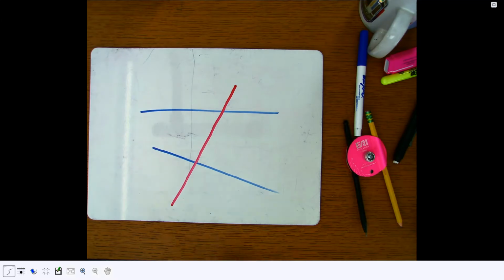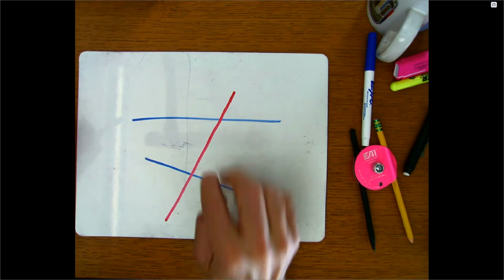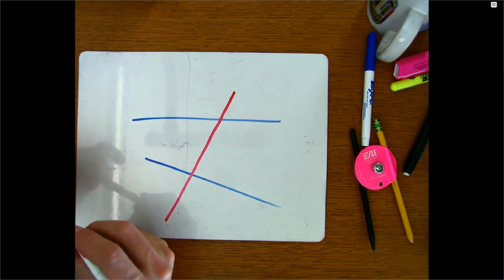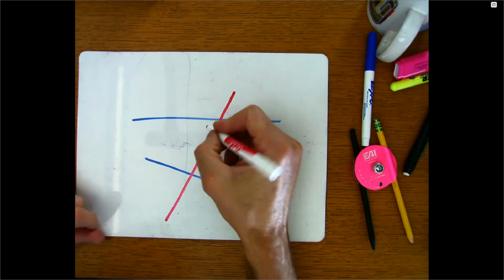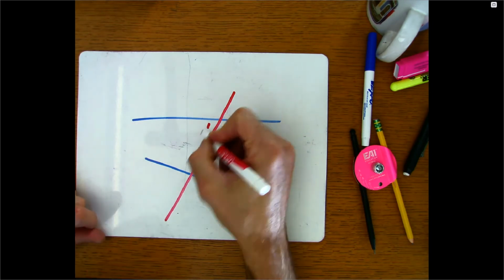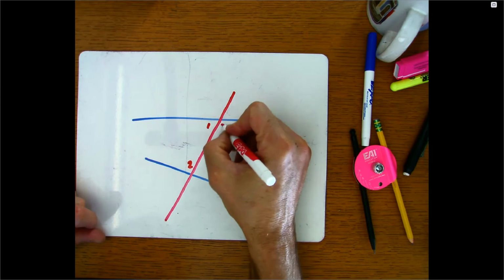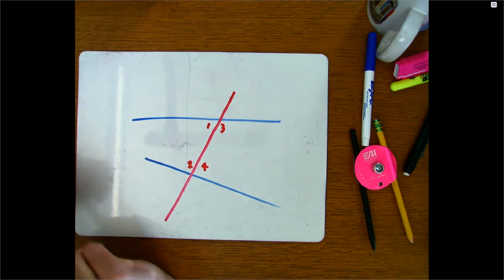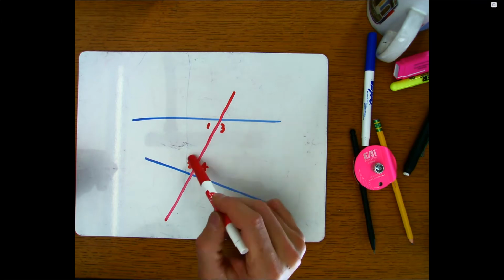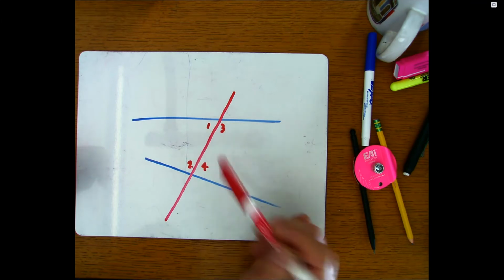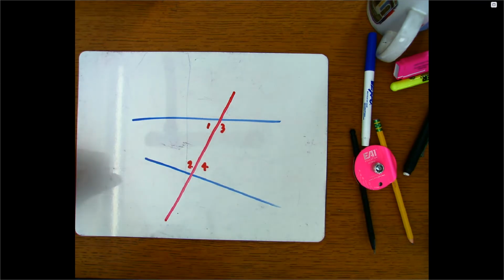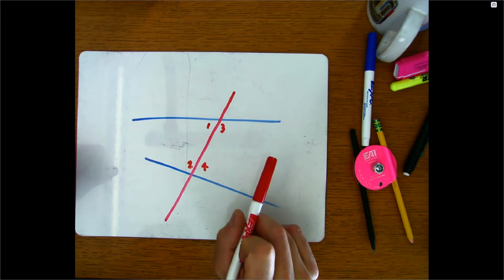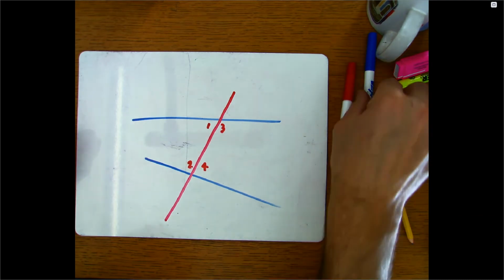So if we have a straight line falling on 2 straight lines and the interior angles formed, there are 2 interior angles formed on either side of the red line. I guess there is 1 and 2 on this side and 3 and 4 on this side. And I guess what it's saying is that the side of the line where the 2 interior angles formed sum to something less than 2 right angles, less than 180, then that's the side that these 2 lines are going to meet.